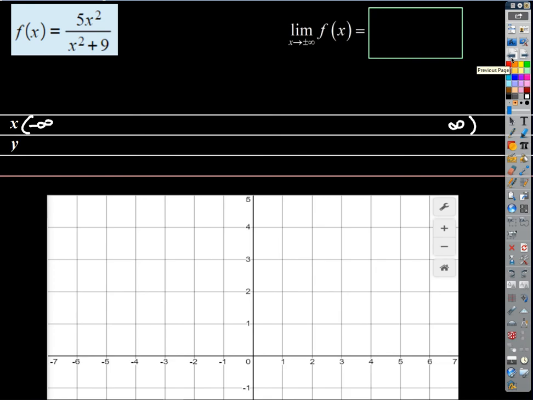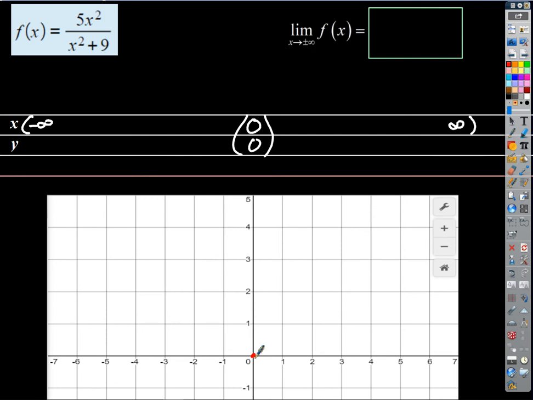Any zeros of the numerator? 0. Okay, x equals 0. So we could add the value x equals 0. At x equals 0, y equals 0. So there's an ordered pair, and we could add a point to our graph. We know the function goes through or touches the x-axis at x equals 0. We don't know if it goes through, but it touches it.